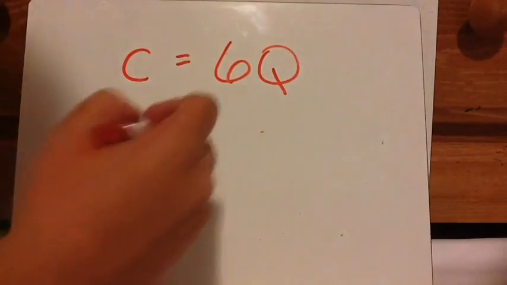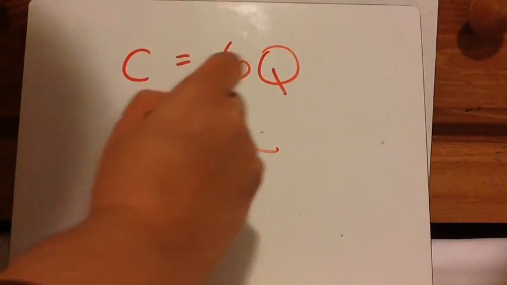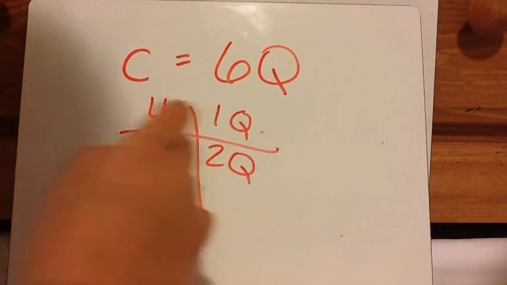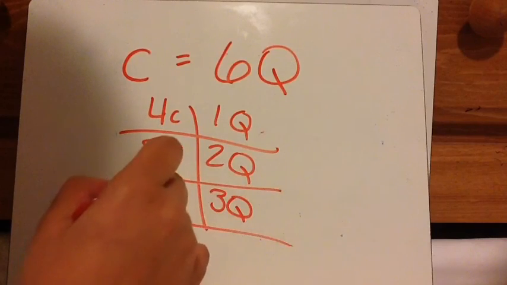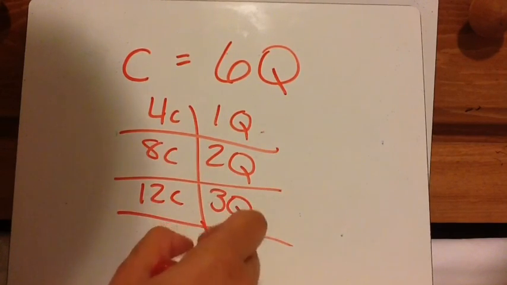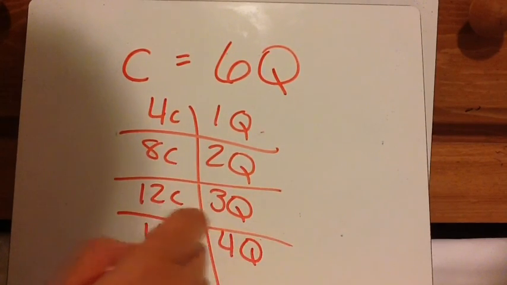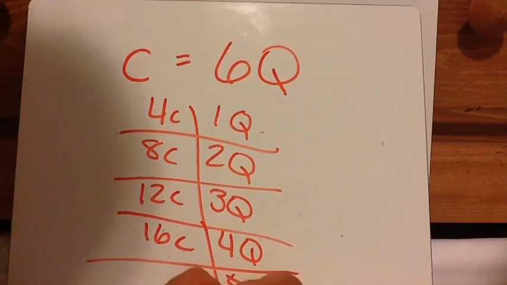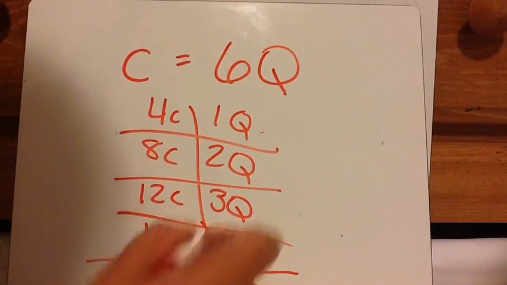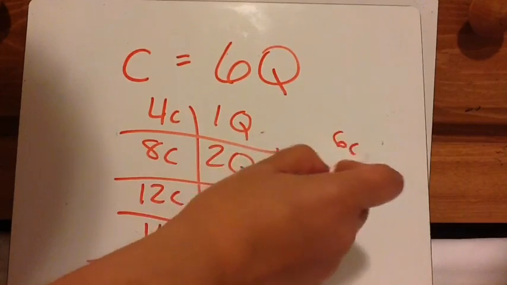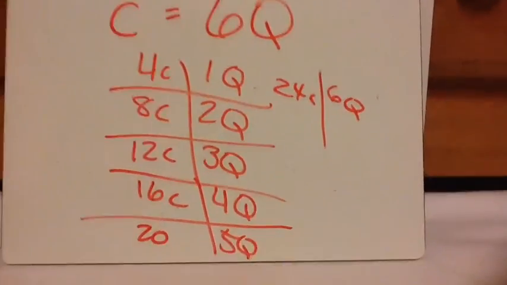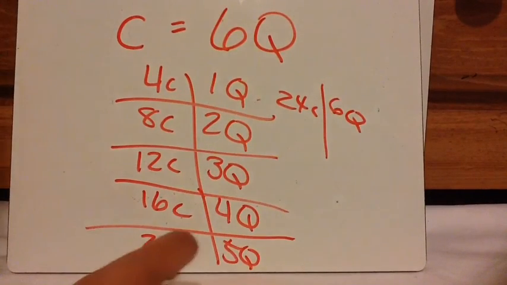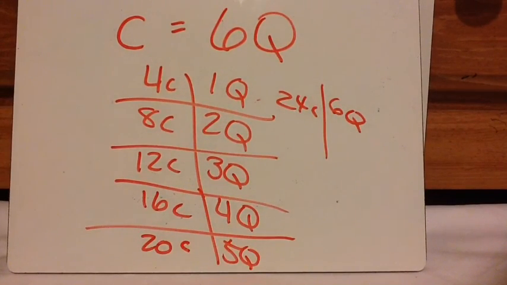So I always set it up. 4 cups in 1 quart. 2 quarts would be 8 cups. 3 quarts would be 12 cups. 4 quarts would be 16 cups. 5 quarts would be 20 cups. So then 6 quarts would be 24 cups. You just make a table and go down the list. It's that easy. However, there is a shortcut.